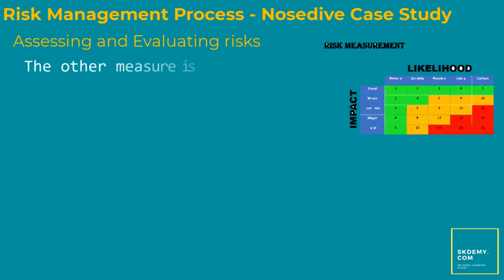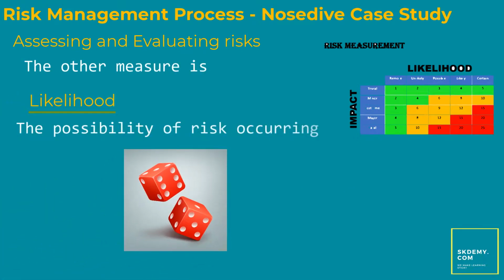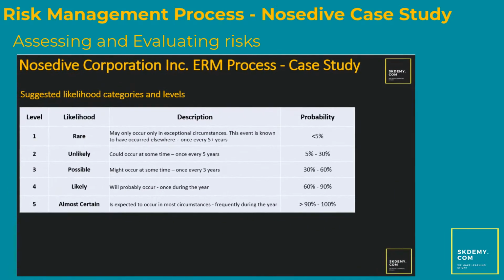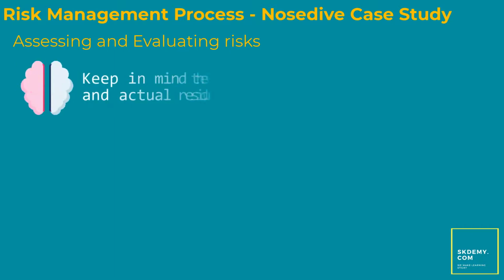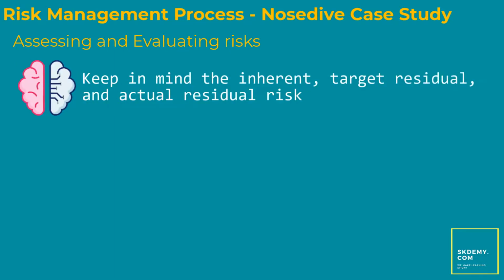The other measure is likelihood. That is the possibility of a risk occurring. Now please review likelihood in the lesson relevant risk terms for more context about the quantitative, qualitative and frequential descriptions of likelihood. Please also review the suggested likelihood categories and levels in the case study support doc. While assessing risk, you have to keep in mind the inherent, target residual and actual residual risk, explained in the lesson relevant risk terms.